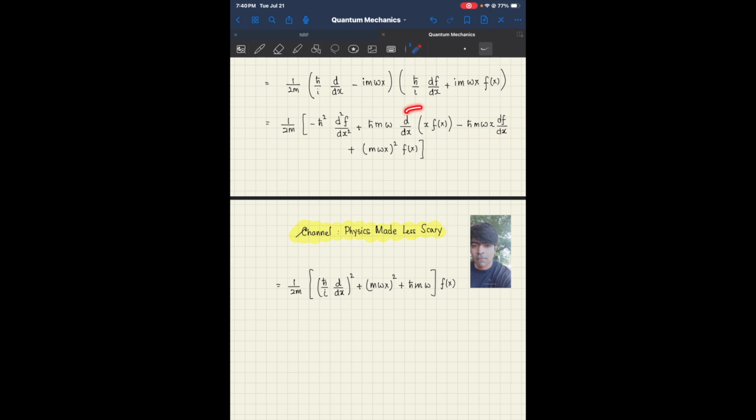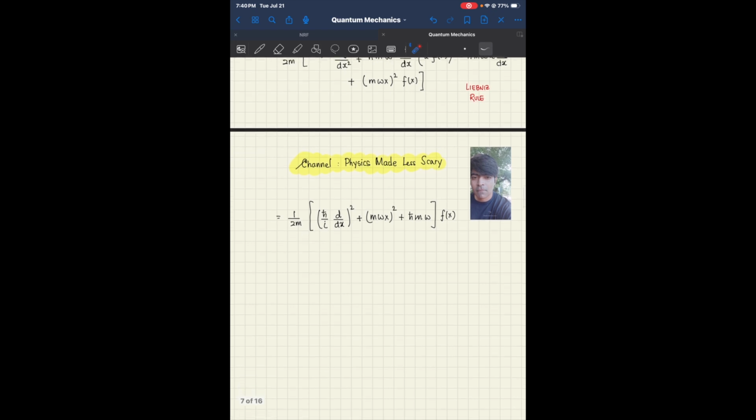So this d/dx acts on this term and acts on this term. This is called Leibniz rule. You know this, right? Leibniz rule. When this d/dx acts on the f(x), it cancels this term. That's why in this expression, you don't have a df/dx.